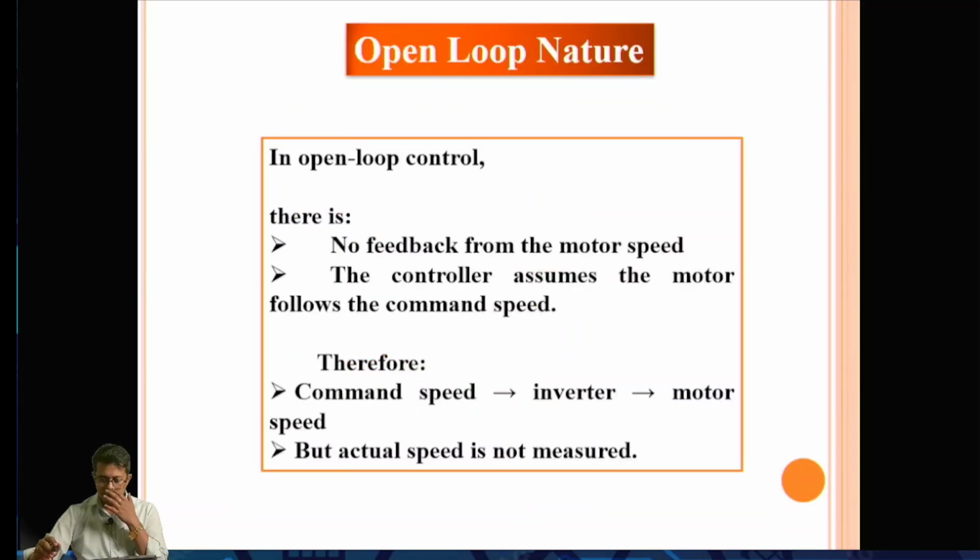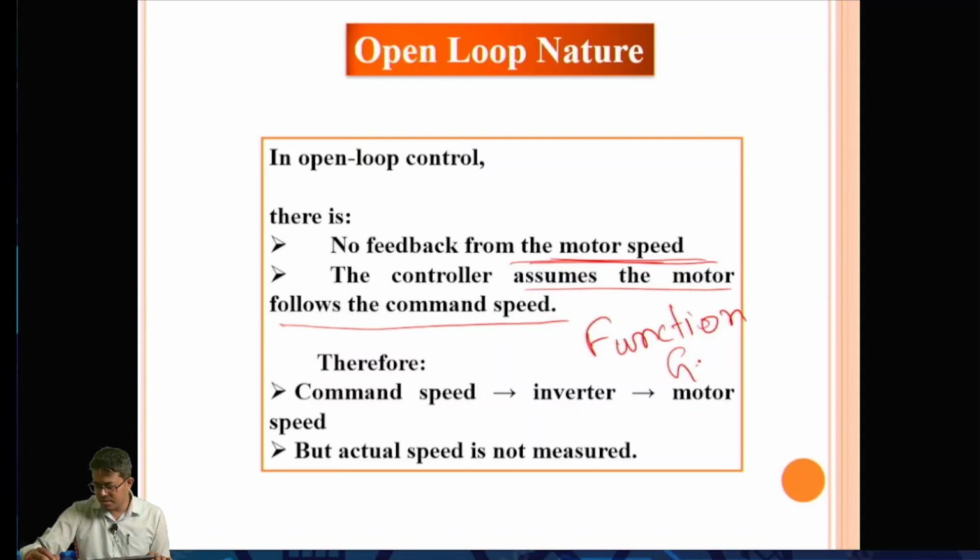Now this is open loop control. As it is an open loop system, there is no feedback from the motor speed. It means we are not taking feedback from the motor using a speed sensor. So the controller assumes that the motor follows the command speed only, which is generated by a function generator.